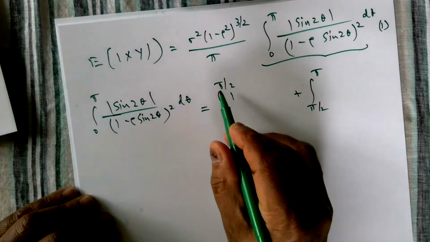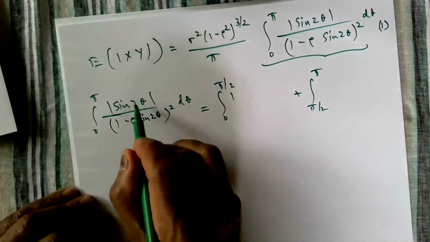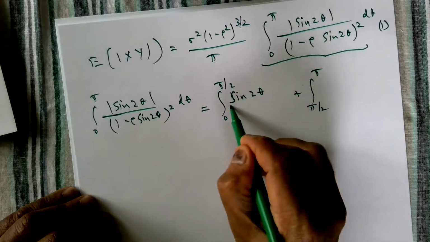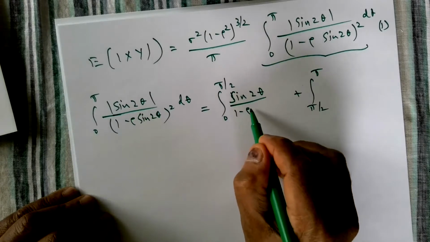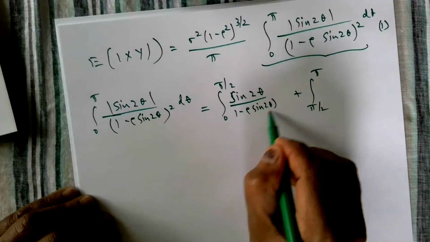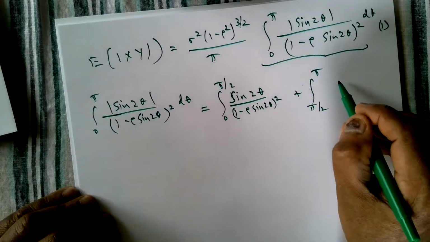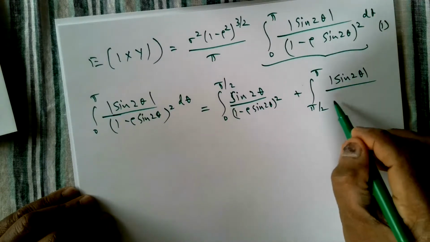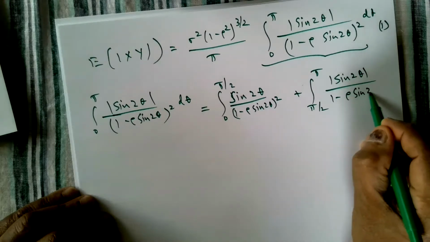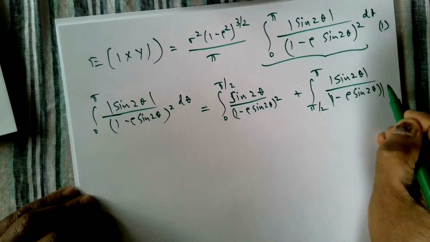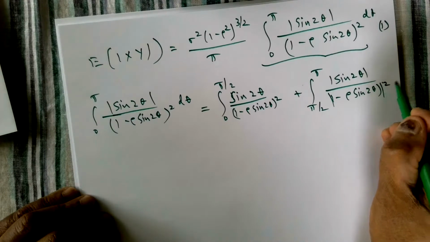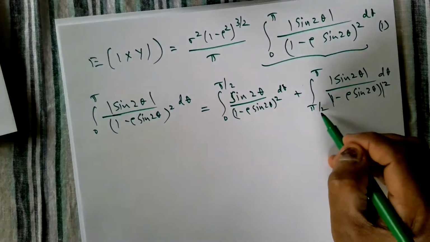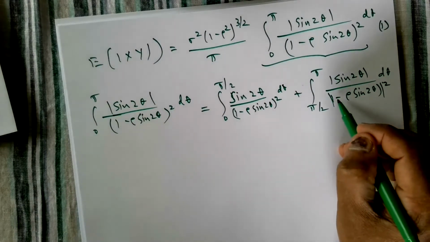Remember, from 0 to pi by 2, the sine is positive, so you don't need the absolute value there. And here it is the absolute value of sine 2 theta divided by (1 minus rho sine 2 theta) squared d theta. In this case, sine will be negative, so this becomes positive.